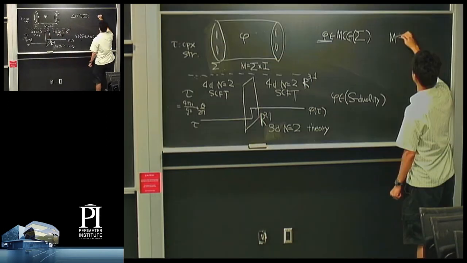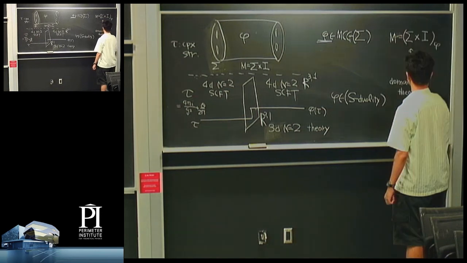In other words, let me say that again: the three-manifold is now the Riemann surface times an interval, but with a twist by an action of the mapping class group. Then this corresponds to the domain wall theory, where the domain wall theory is specified by sigma times both of these.